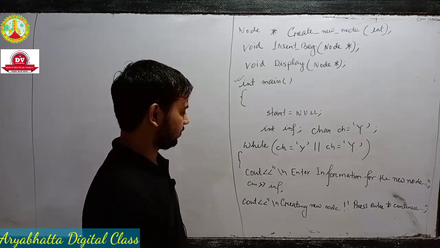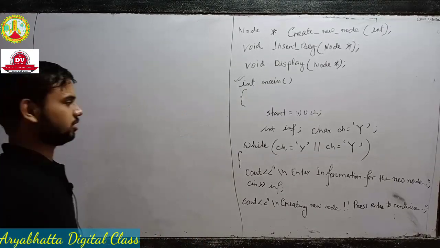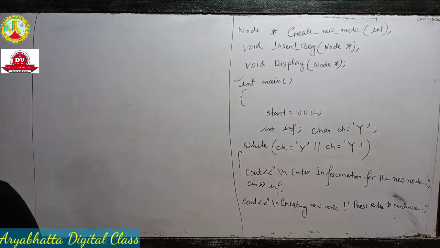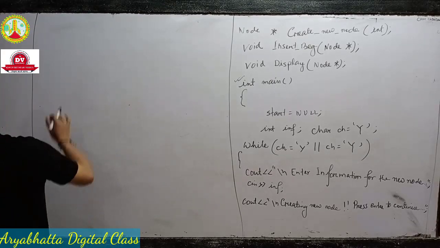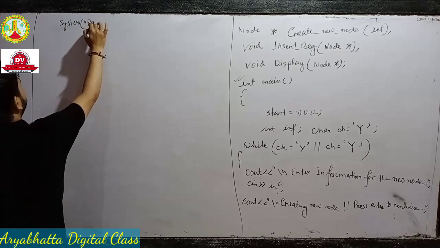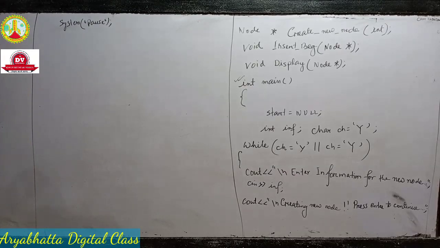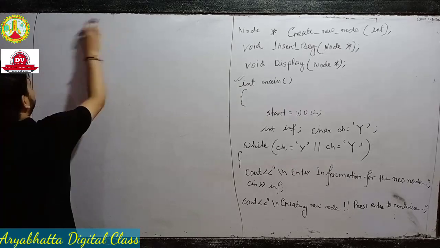When you run this program on your PC or laptop, then you usually understand. But I write down this line because books write it, though this is an optional line actually. System pause, okay, I skip this line.